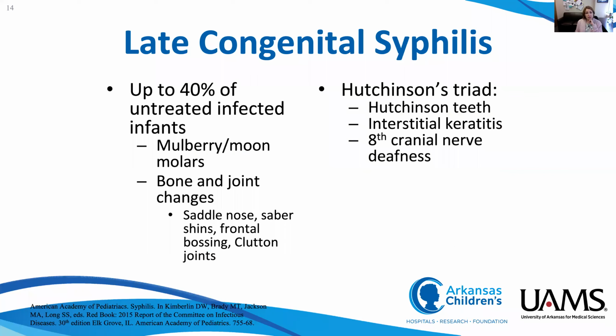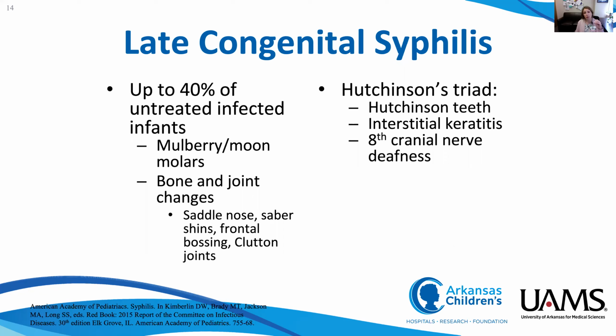Late congenital syphilis can occur if you miss those infants who don't have symptoms, and up to 40% of those children can develop these findings. That includes mulberry moon molars. They can have bone and joint changes, which include a saddle nose or saber shins, some frontal bossing, something called Clutton's joints.